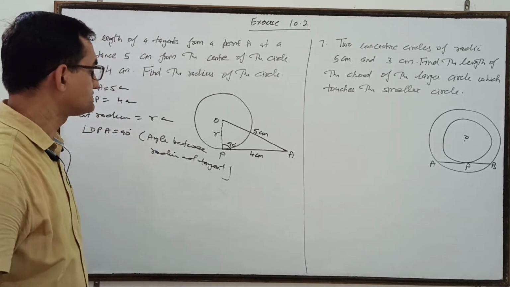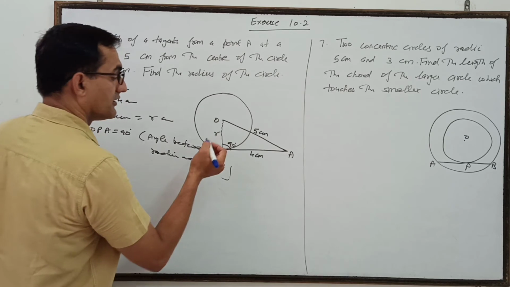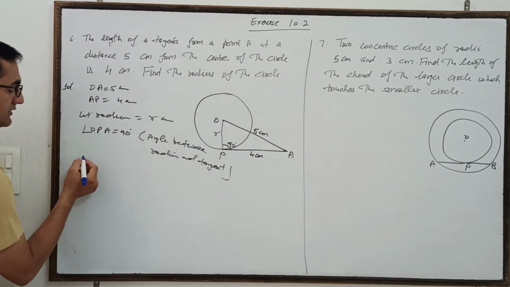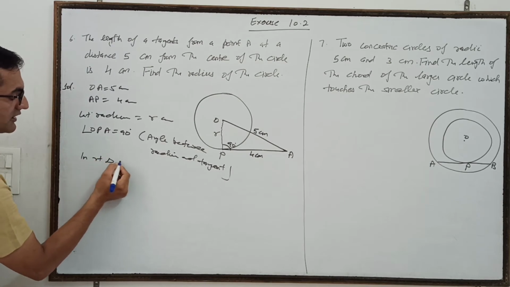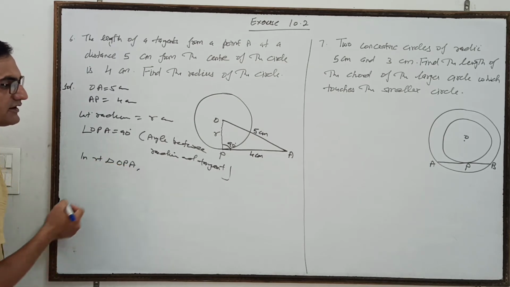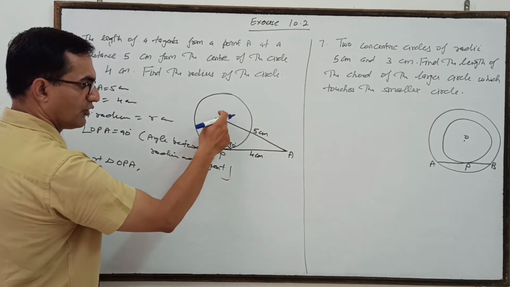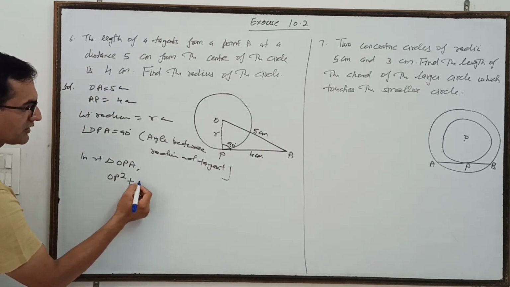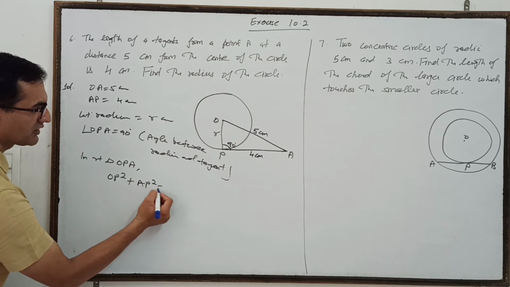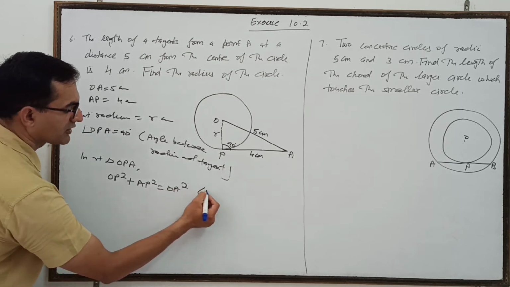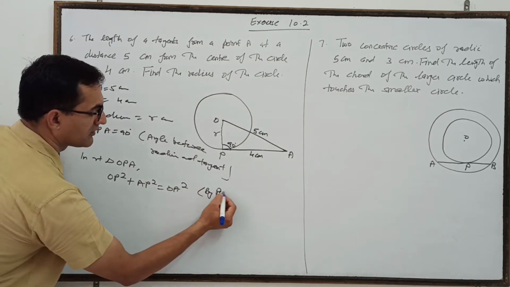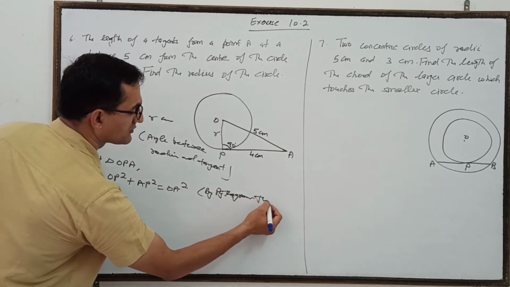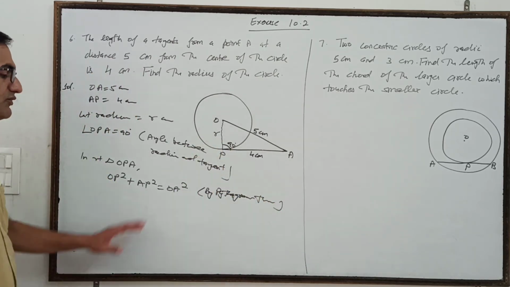Is it clear? Now in right triangle OPA, OP square plus AP square is equal to OA square by Pythagoras theorem.